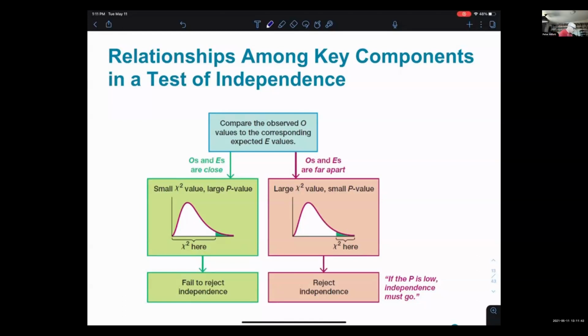And so when the chi-squared value is small, that means there wasn't much of a difference when you switch from one variable to the other. That means that if you're assuming there is no difference, that could happen very likely. That's a very high probability, a large p-value when the chi-squared value is small.